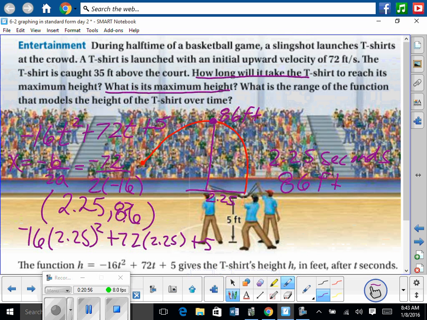So remember, range is y values. The lowest point to the highest point. What's the lowest point the shirt is from the ground? 5. And it reaches a height of 86. So our range is between 5 and 86. So 5 feet to 86 feet.